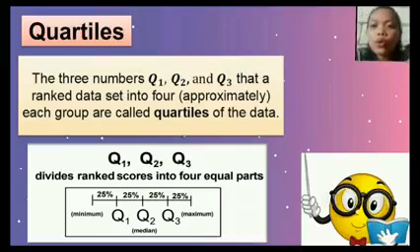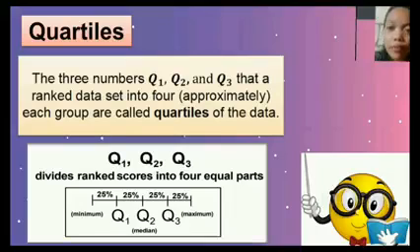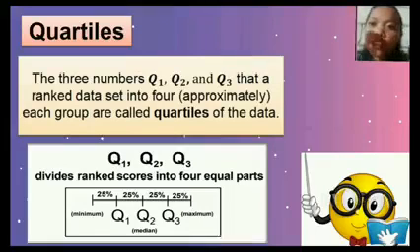Q2, which is also called the median, has 50% less than the value of Q2 and 50% greater than the value of Q2. And Q3 has 25% greater than Q3 and 75% less than Q3.